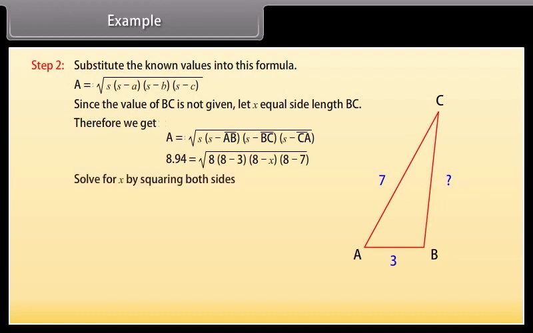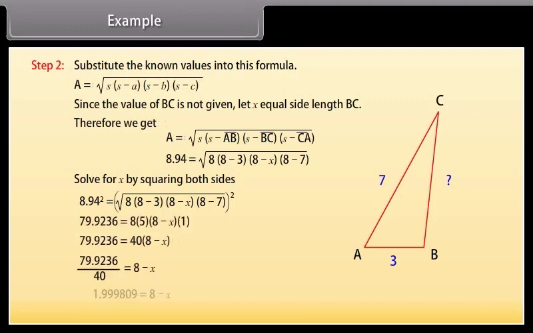Now solve for X by squaring both sides. We get 8.94 squared equals 8 into (8 minus 3) into (8 minus X) into (8 minus 7). By calculating it, we get X is approximately equal to 6.0.